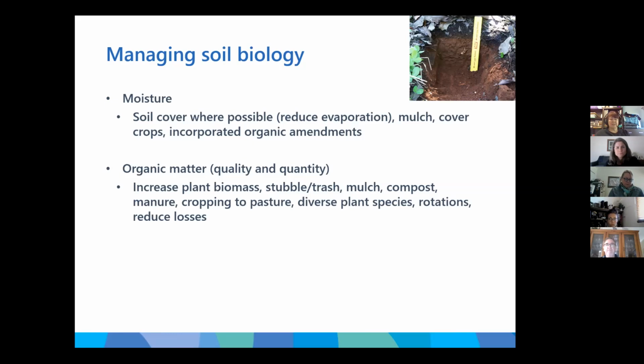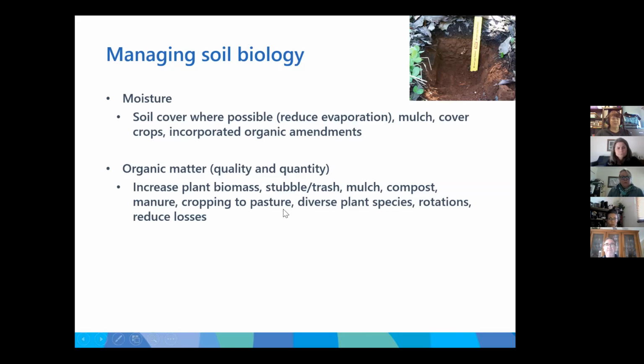Compost is a very diverse and high quality organic matter addition. You've got a range of carbon molecules that are very easily decomposed and very persistent carbon in lots of compost. Manures, you're also getting some fertiliser effect if they're higher in nitrogen or phosphorus.